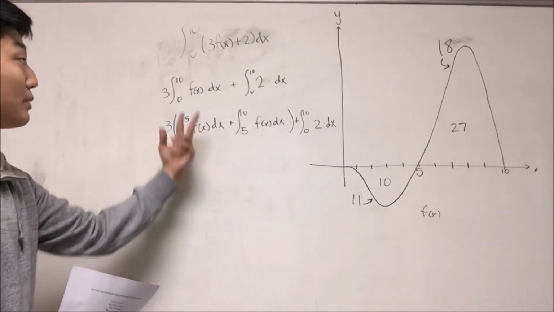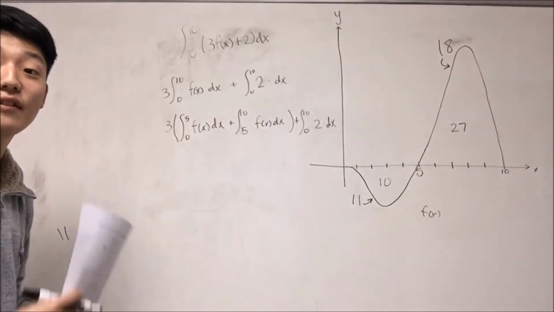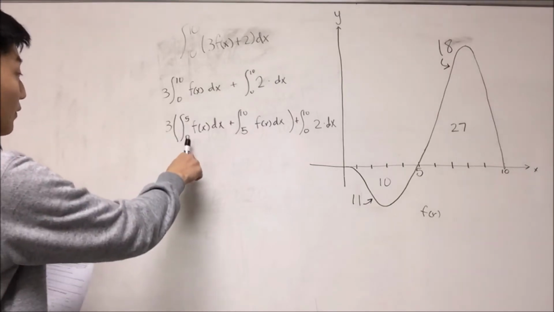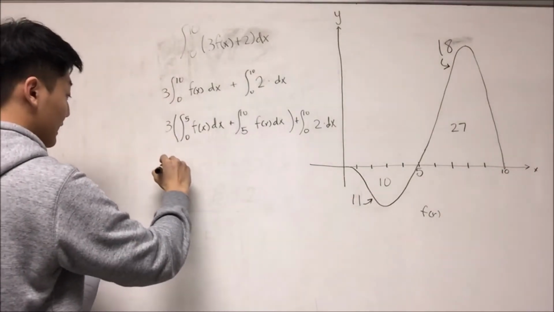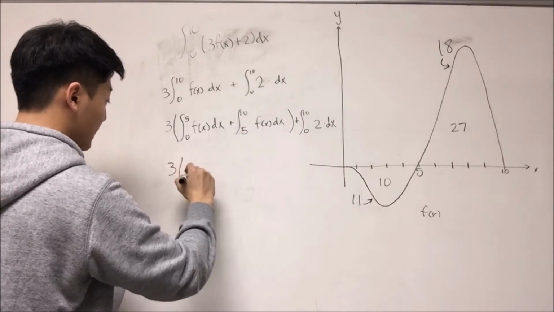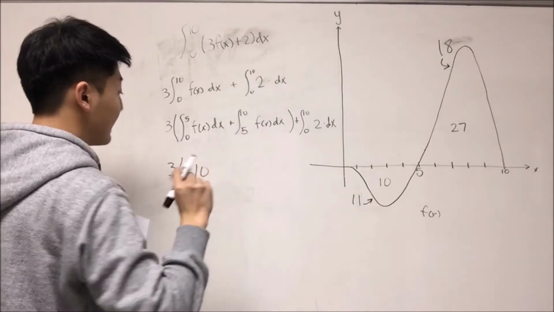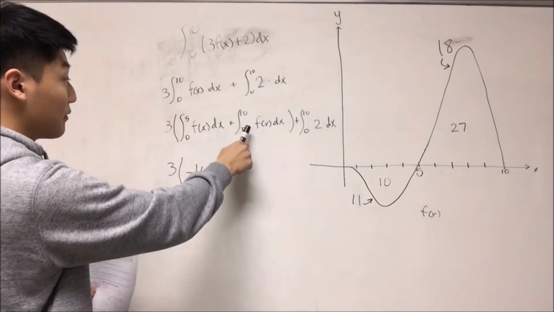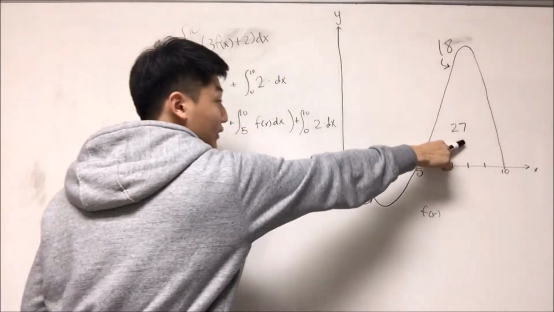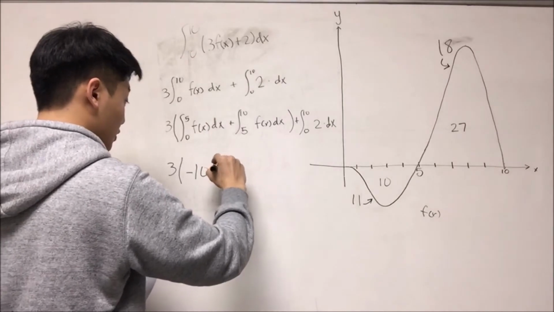Now, because we divided into way simpler terms, everything is given. From 0 to 5, the area of f of x is given, negative 10. Again, be careful about negatives. If it is below the x-axis, it is always negative. Plus, the integral from 5 to 10, which is again given, 27.